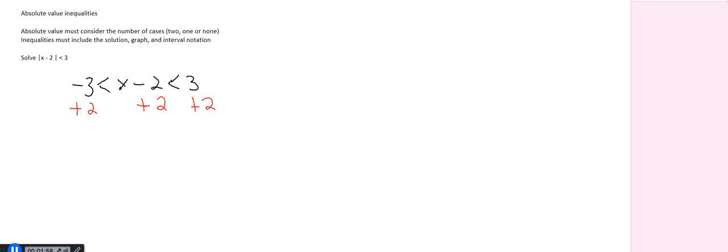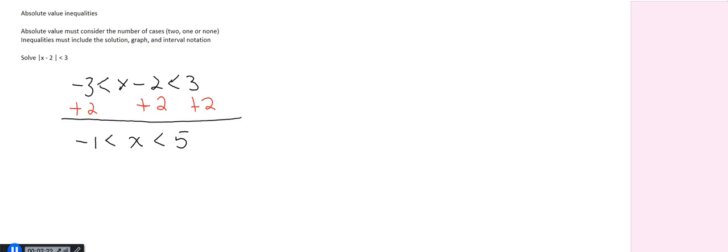When we do this, we have negative 1 is less than x is less than 5. So x is in between negative 1 and positive 5.